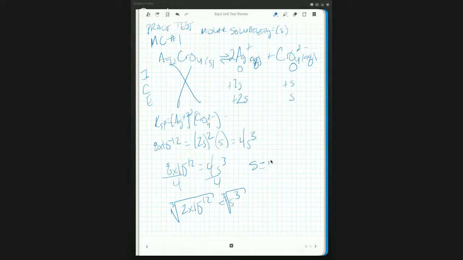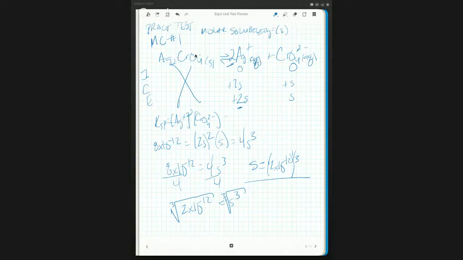So s is equal to 2 times 10 to the negative 12 to the 1/3. It's the same thing as writing the cube root. So that's your answer. Don't forget that when you're looking at this, if that's your coefficient, it becomes double the concentration. The S, which is the molar solubility, is the CrO4 2 minus.